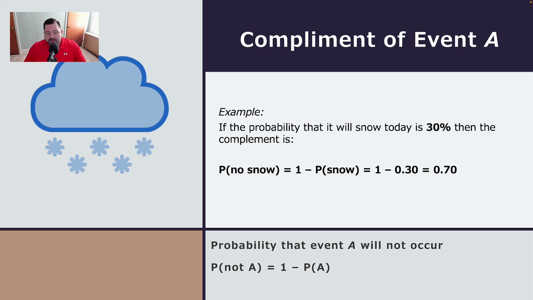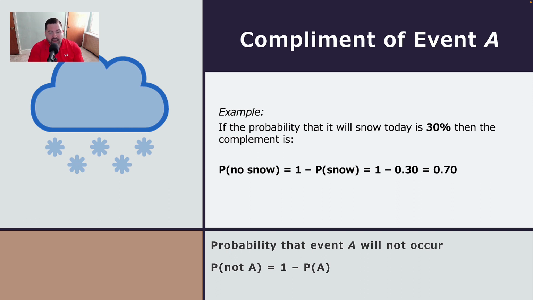So now that we understand the 3 different ways in which we can determine probability, let's talk a little bit about this thing called the complement of event A, or the event happening. So it's very simple. A complement is nothing more than the likelihood of an event not occurring, right?